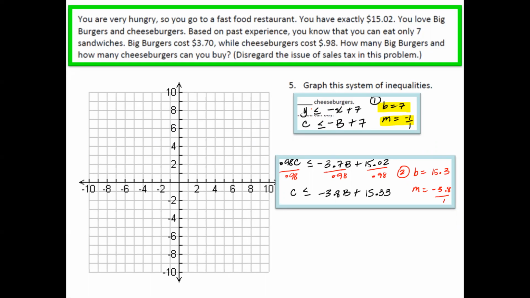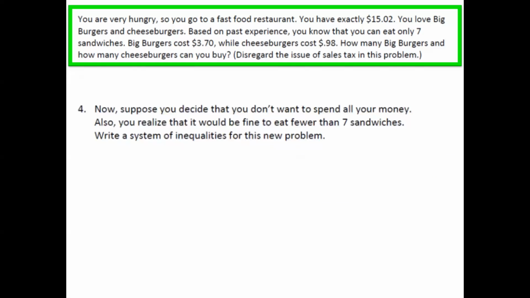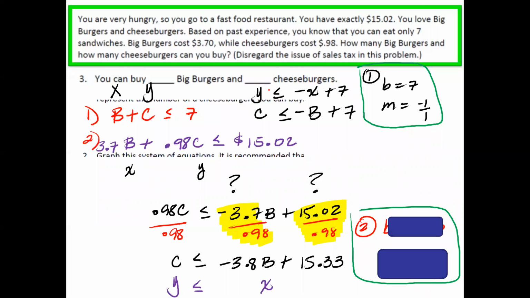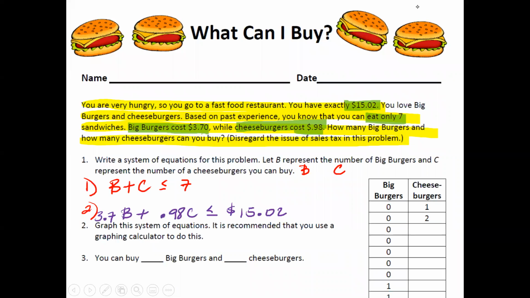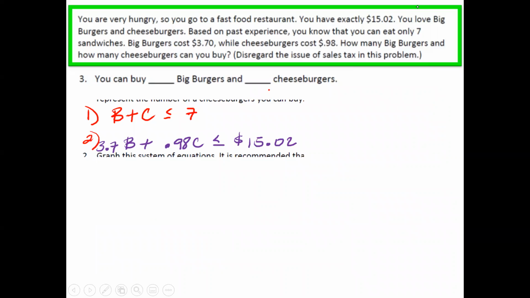Okay, so if we're going to solve for C, let's just say that C is going to be y. So in this case, the first equation, you're going to have C is less than or equal to negative B plus 7. So your b in this case is 7. That's where you start. And your slope is negative 1 over 1.